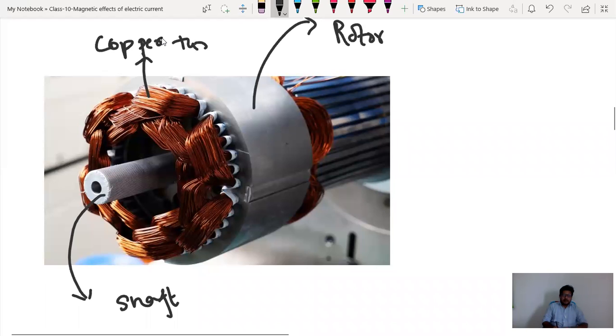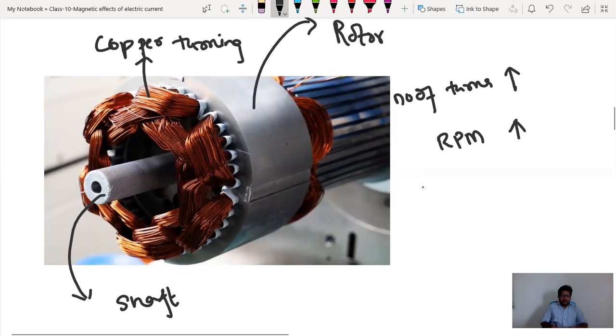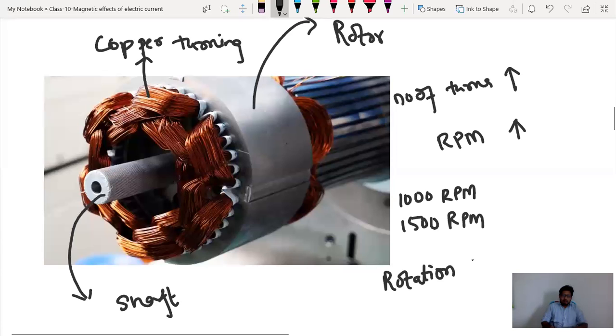And if the number of turns increases, RPM increases. What is RPM? If you see a bike, they will say 1000 RPM, 1500 RPM. RPM stands for rotations per minute.